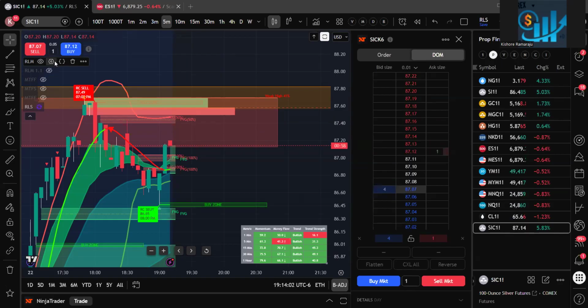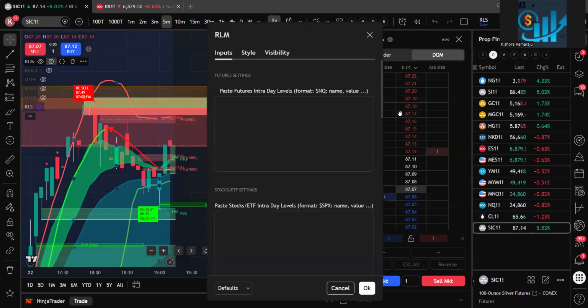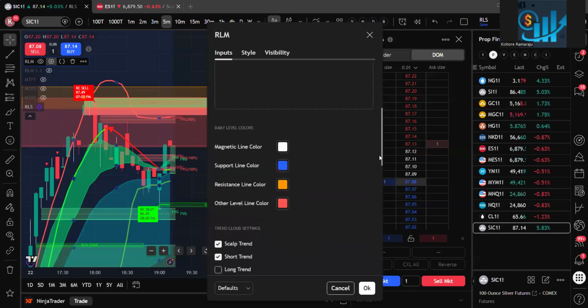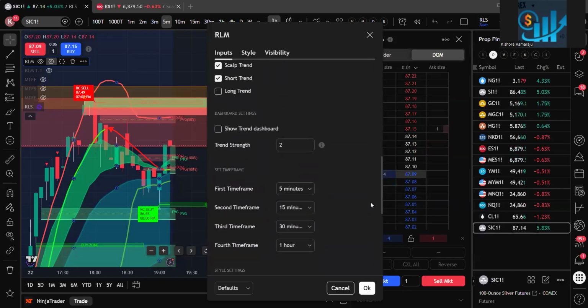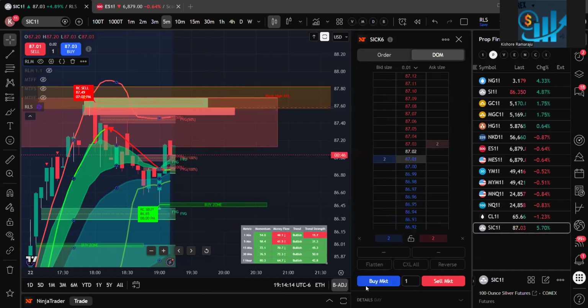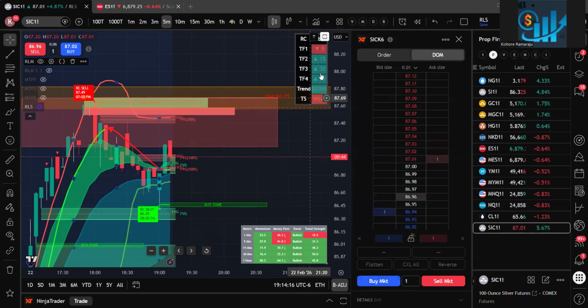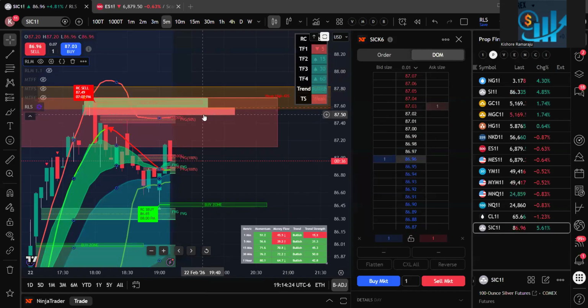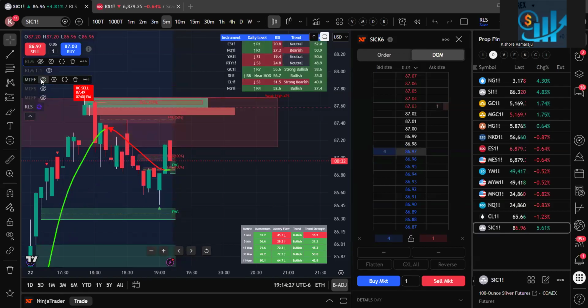I'll remove this new dashboard which I added, because some users are having problems loading the script with the Essential Plan. I'll remove this so that the script will get loaded easily for you. All you need to do is use the scanner to identify which are very bullish or very bearish.